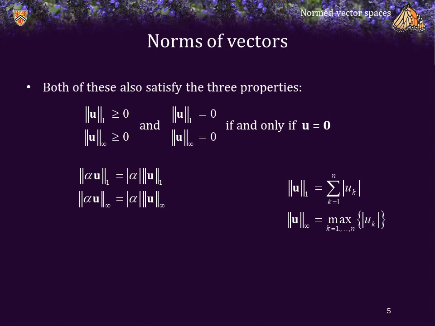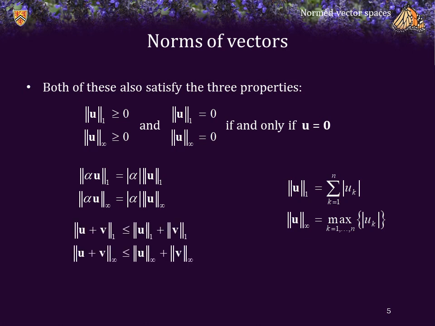Next, both the 1 and the infinity norms are absolutely scalable. If I was to multiply every single entry of a vector by alpha, then the 1 norm would become larger by a scale of the absolute value of alpha, and the maximum would become larger by a scaling of the absolute value of alpha.